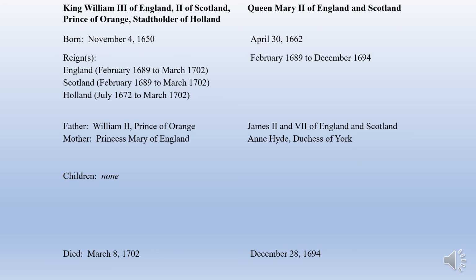They never had any children together. We're not 100% sure why. We don't know if there was some kind of physical reason, but we do know that they were childless when she died in 1694. And so she'll reign until 1694, and then he'll reign until 1702.